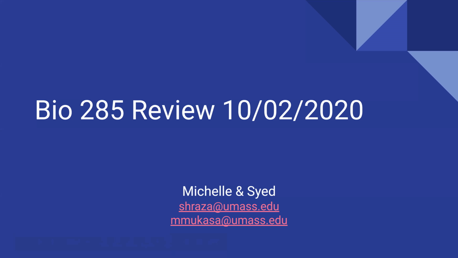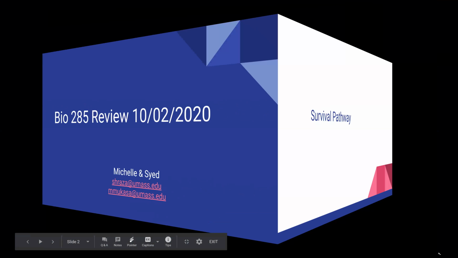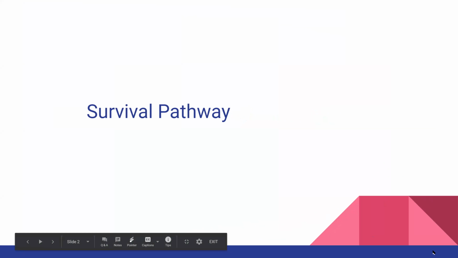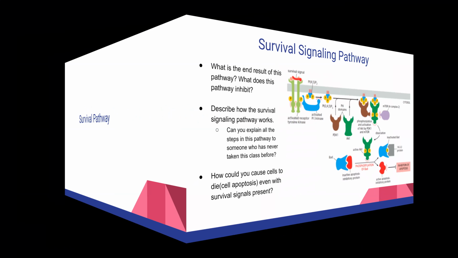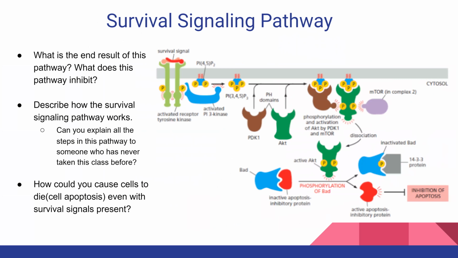If this will switch to the next slide. Okay, so we discussed in class the survival pathway. So these are just general questions to think about for this topic, and we're gonna go through all of these today. So the first thing to think about is what does this pathway inhibit?